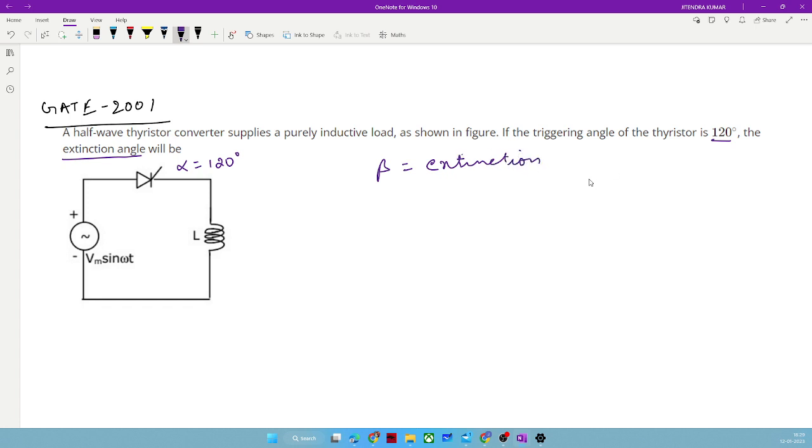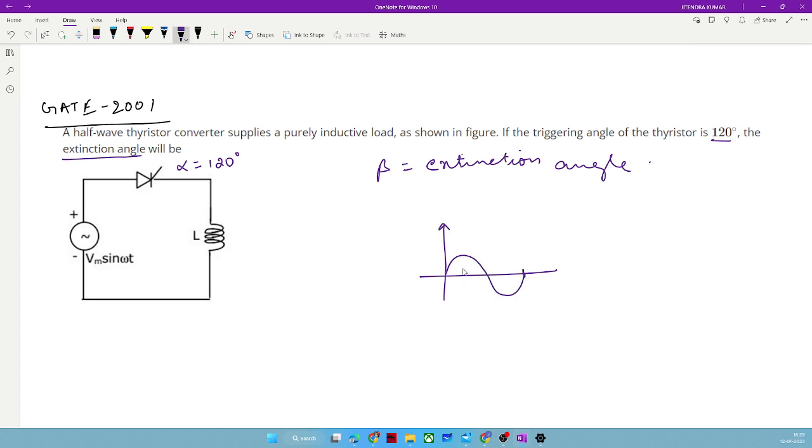The definition of the extinction angle is the point in the same time period, when the switch has started conducting, at which it will stop conducting. Let's assume any particular period of time, 2 pi. So this is one time period.